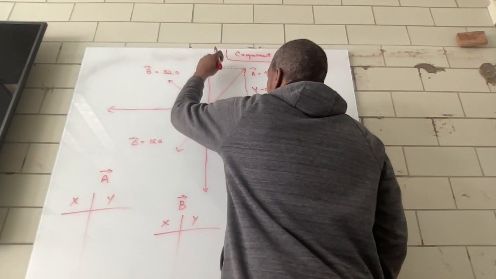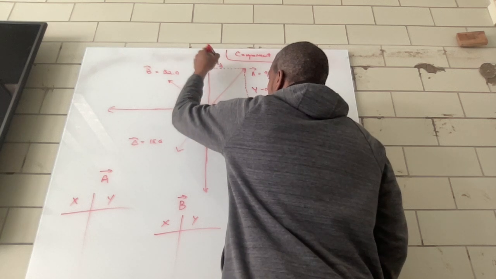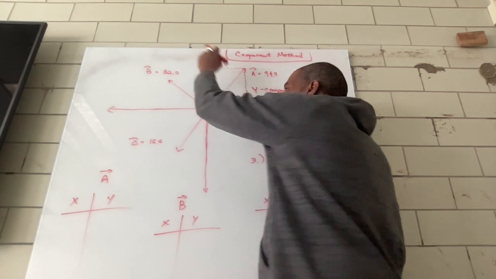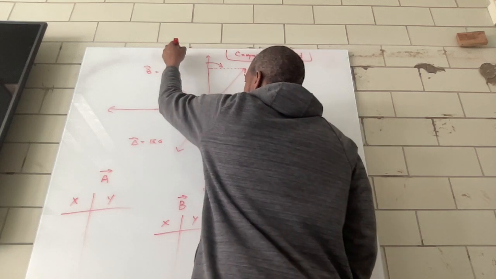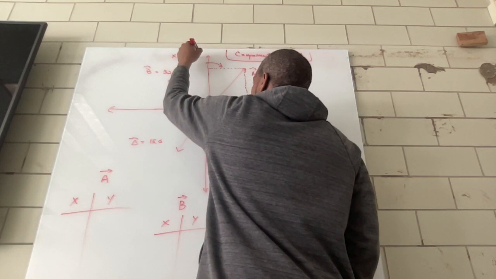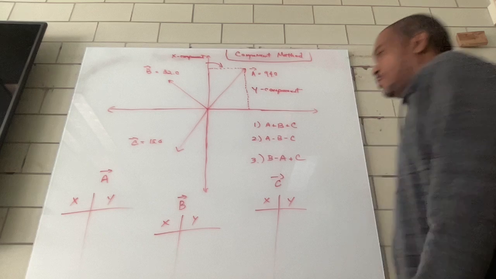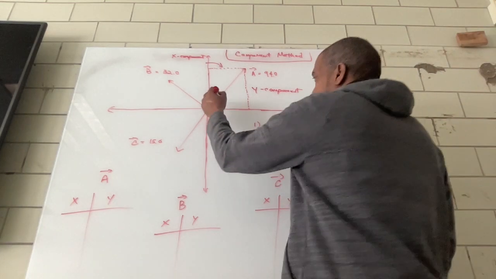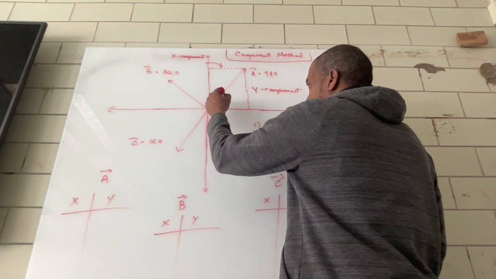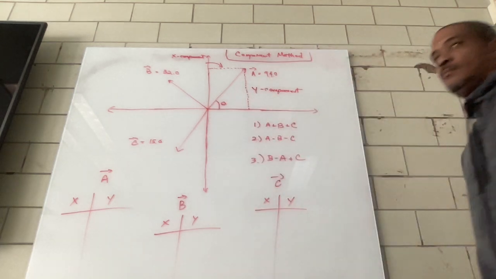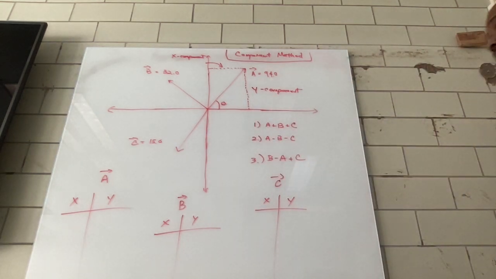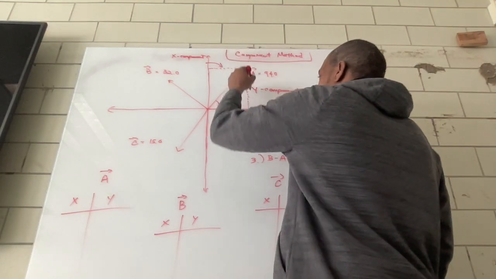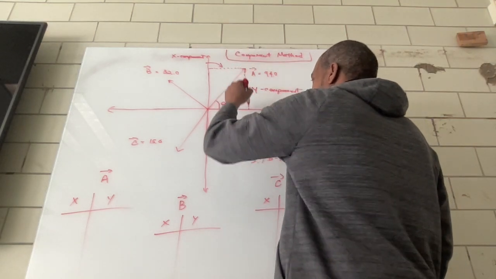So this is called the what? What is this called? The x component. And this is theta, right? So how do I find the y component?